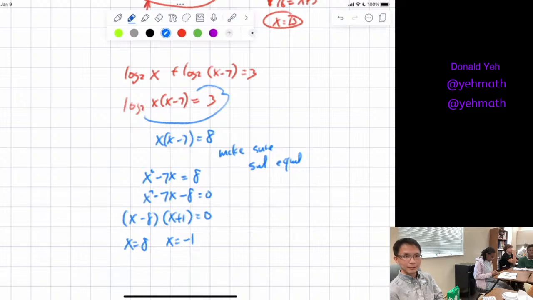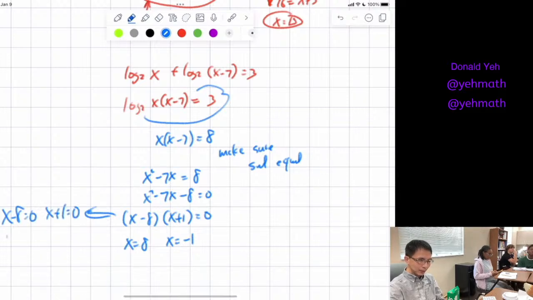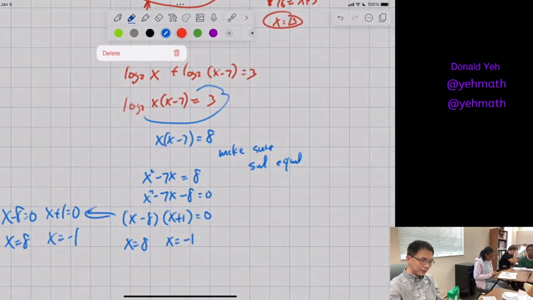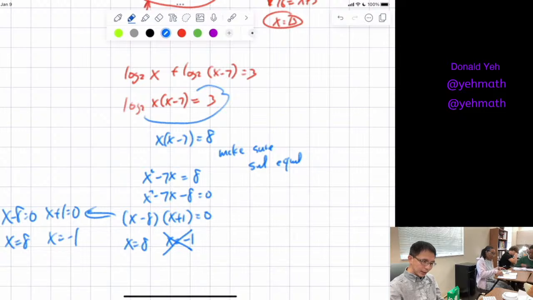Because I said factor, x minus 8 equal to 0, x plus 1 equal to 0, and I move the 8 to the other side. Can you log a negative number? No, it just shows you error. So this is undefined. This is called extraneous. And this is the only solution.